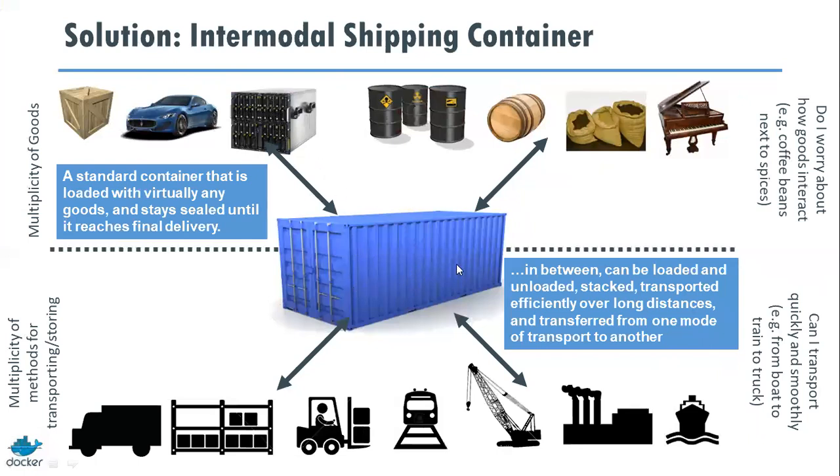In one container, only one type of good goes, and this is airtight. It is so isolated that even if you put two containers, one containing explosive and another having say tea, they won't interact with each other.